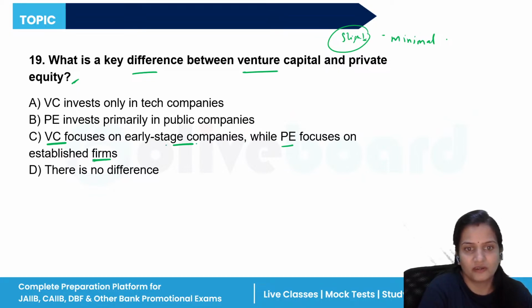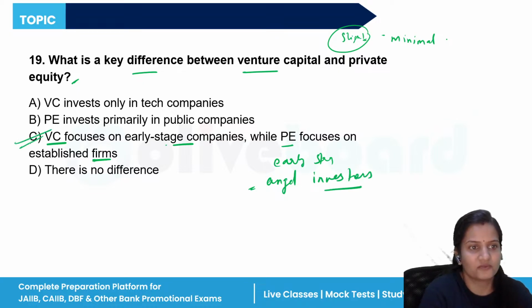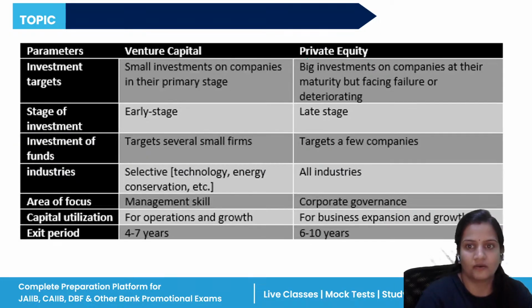But at a very early stage, angel investors are good for them. So the correct option is C. This is the difference between these two. Later on you can read these differences.